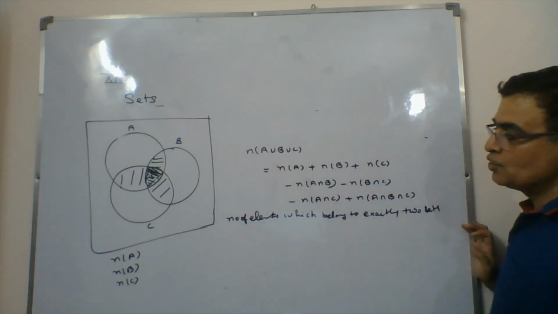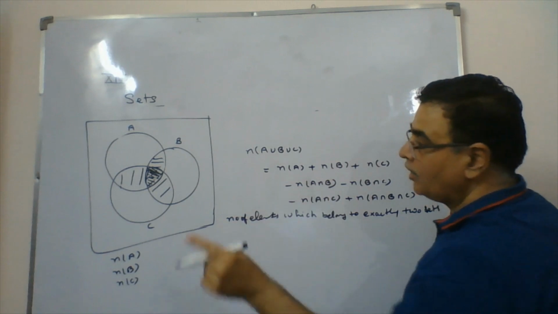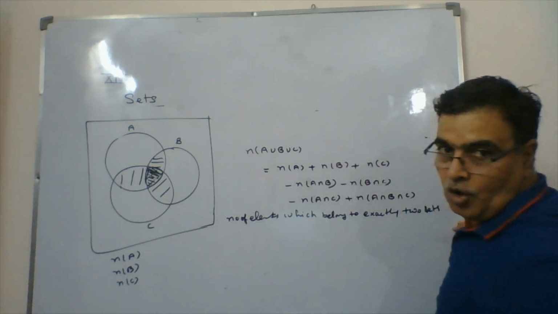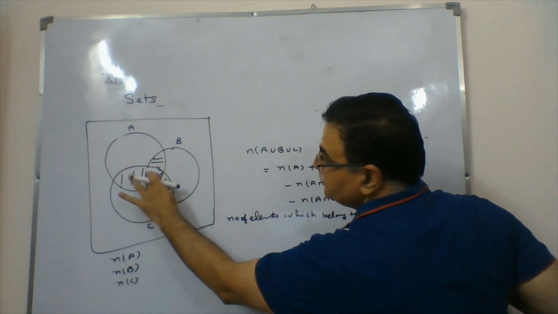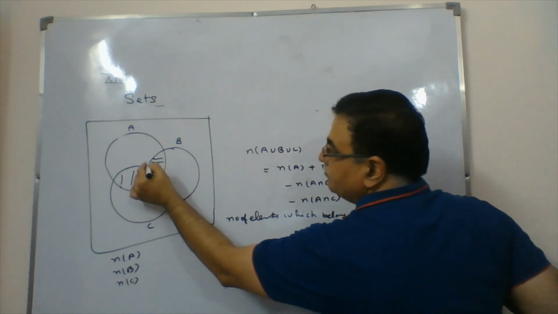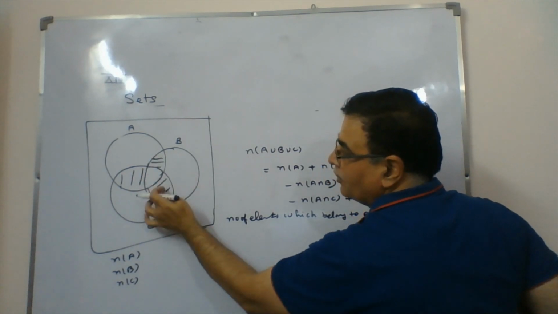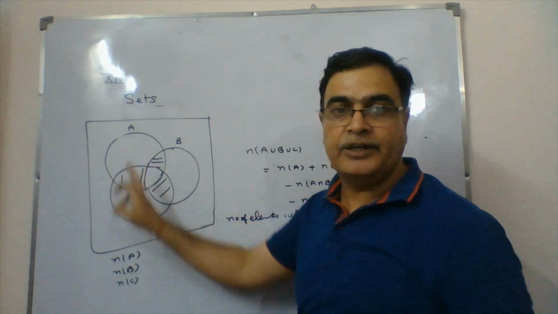If it belongs to exactly two sets, it means it belongs to A and B, or it belongs to B and C, or it belongs to C and A. That means we want these portions here. Either this part or this part or this part we want, because these are the parts which will be shared by 2.